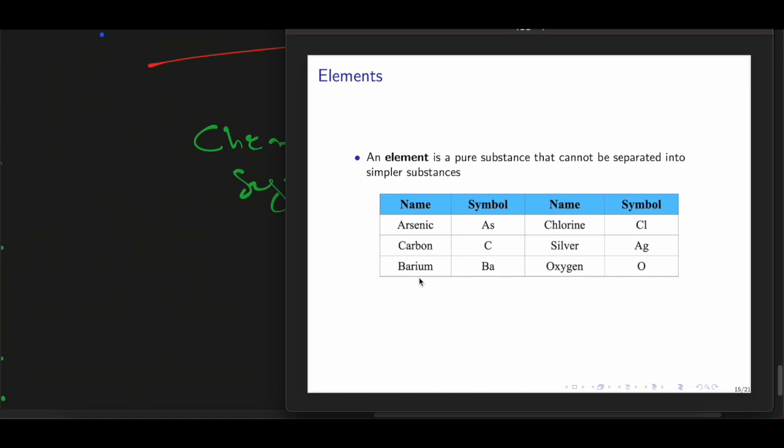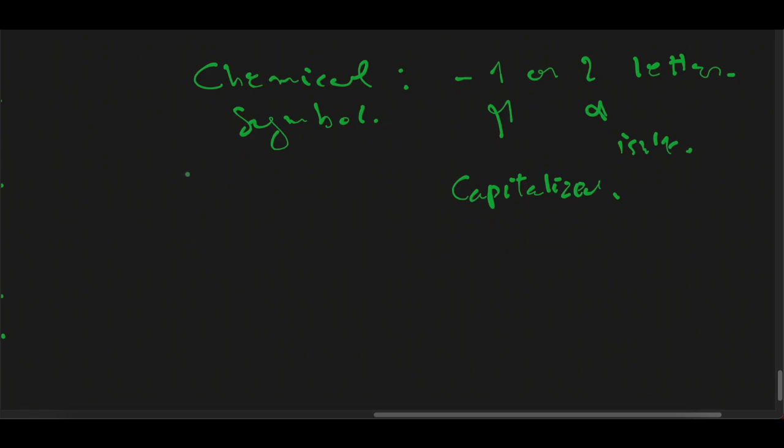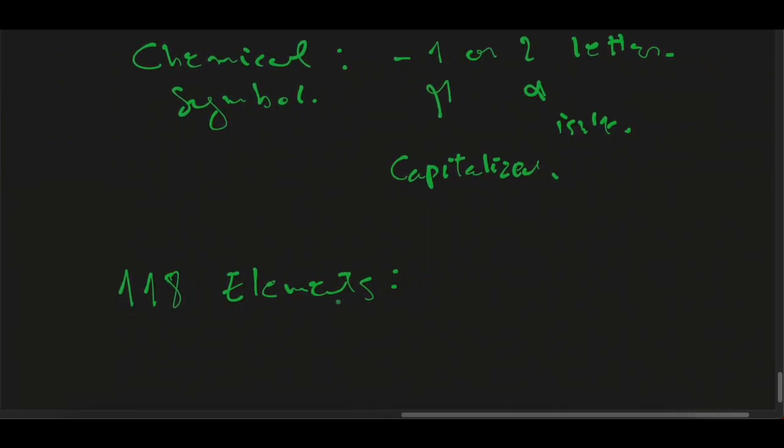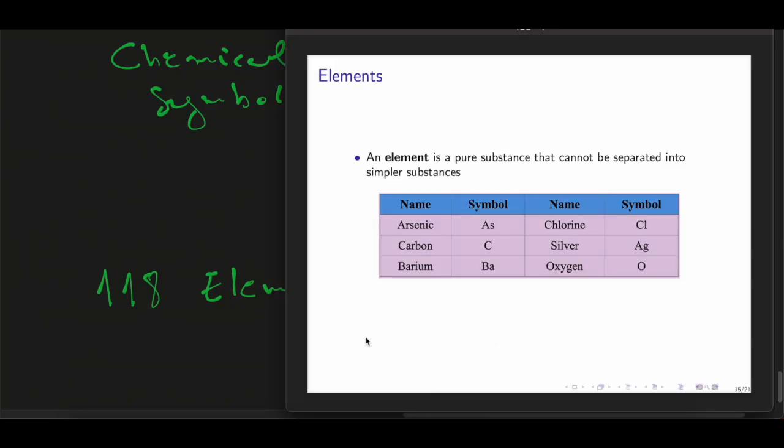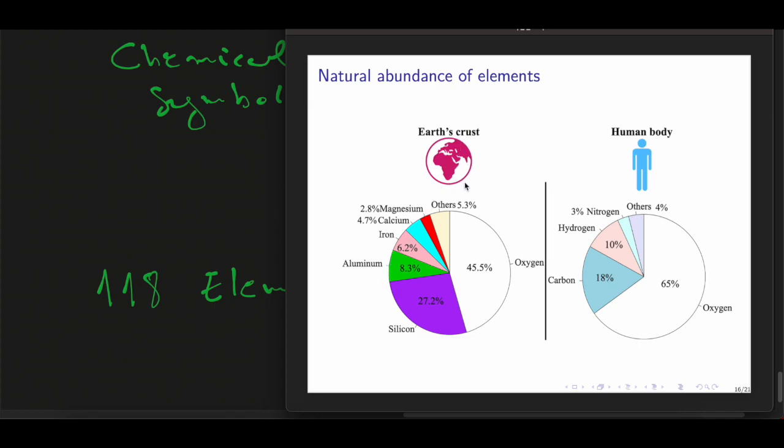Currently about 118 elements are known in chemistry, and among these 118, 88 elements are of natural source. The others are artificial.